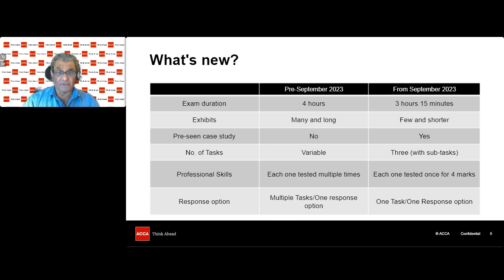From September, each task will have its own separate response option, its own separate word processor, or its own separate slide response option if you're asked for slides. So you finish task 1, answer it on the response options for task 1, then move on to task 2 and do the same, and then task 3. Those are the main changes.